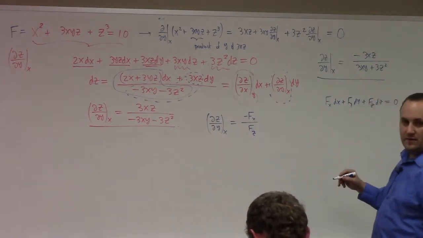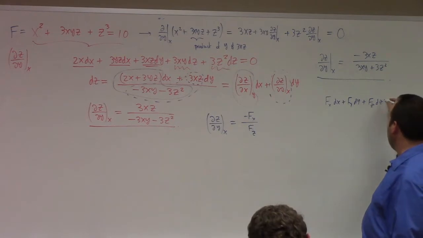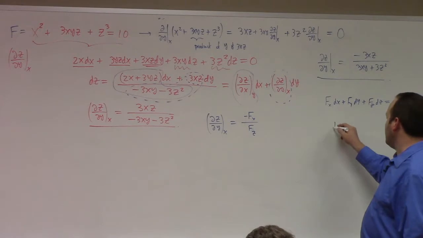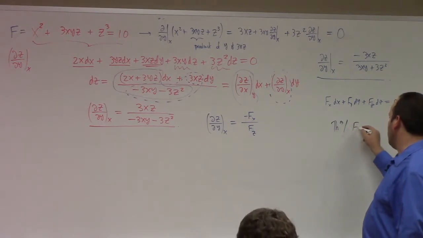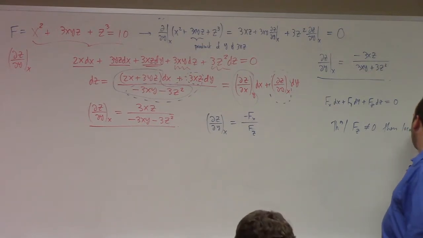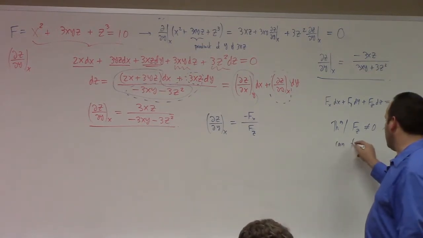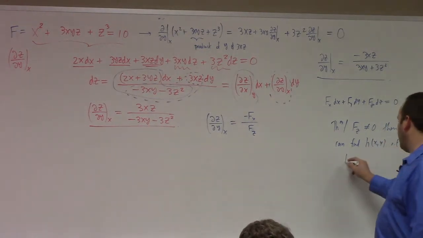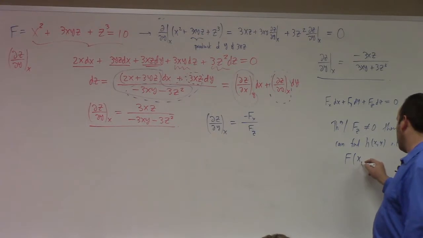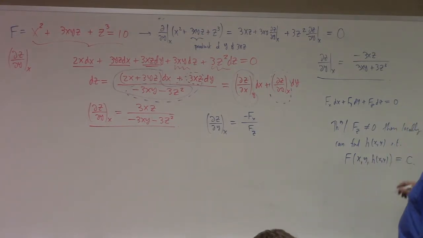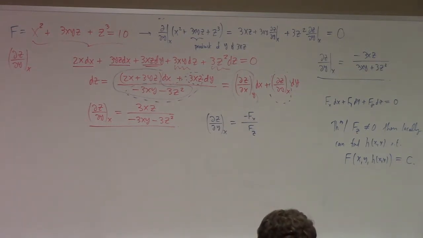So essentially, if you can solve for dz meaningfully, then, well, anyway, the theorem is that if f sub z is not equal to 0, then locally you can find h of x comma y such that f of x comma y comma h of x y equals a constant. So you're just looking for where the z derivative is non-zero.